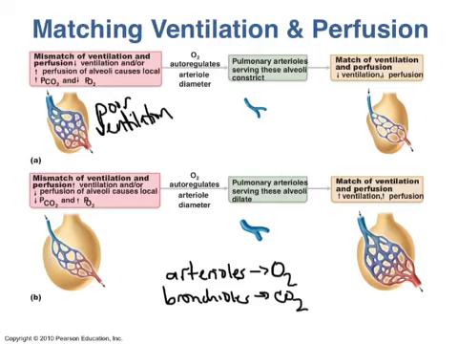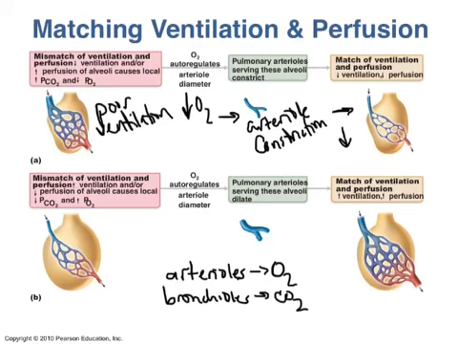So the decreased oxygen leads to arterial constriction, which decreases perfusion to match that reduced ventilation of that particular alveolus.